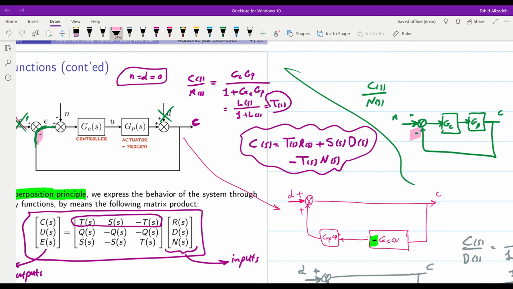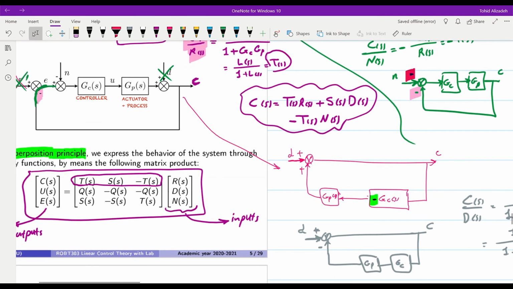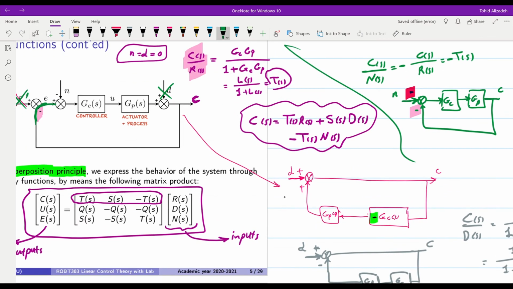And well, by looking at it, you can see that it is quite similar to the case of C over R. The only difference is this negative sign. So C over N is indeed equal to minus C over R, which is equal to minus T of S. And you can see it here as well.